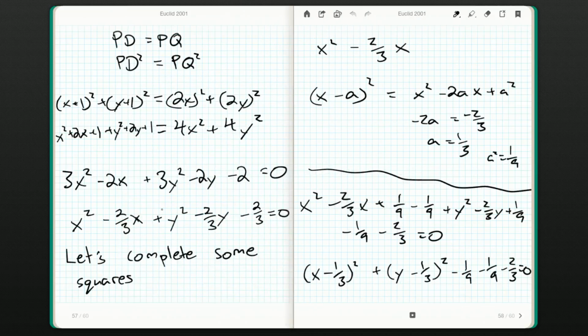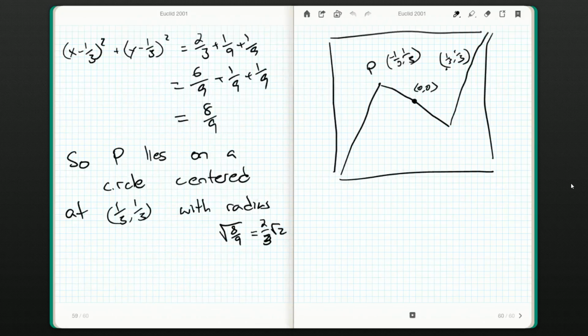So we rearranged just fine. Dividing by 3 didn't hurt. We completed the square just fine. I guess it works out. It doesn't seem like the center of that circle should be over there.